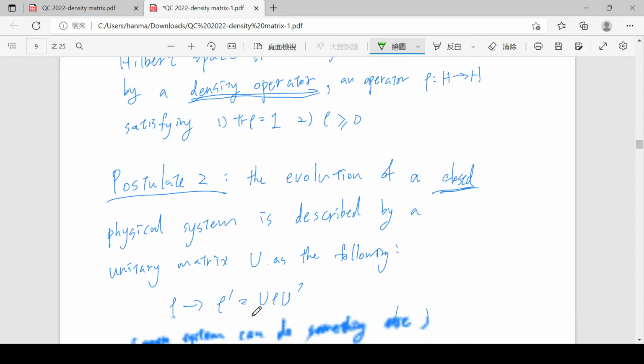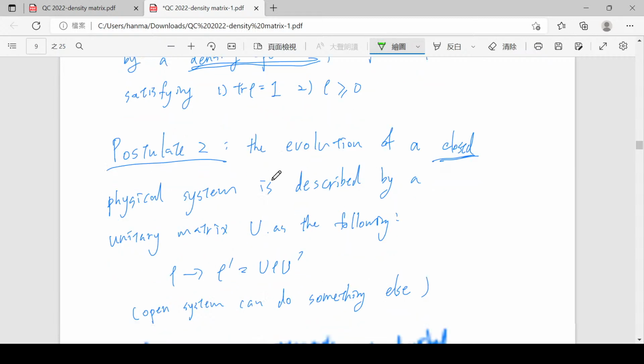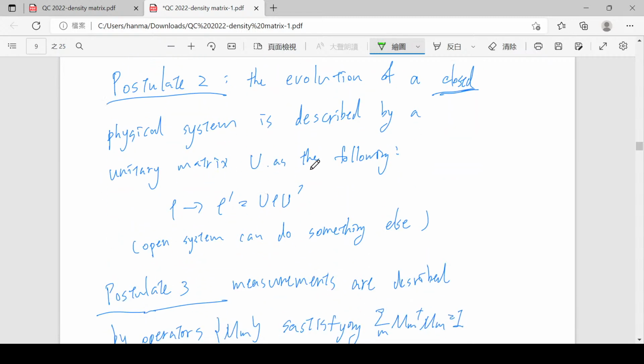If the system is no longer interacting with other systems, then the evolution of your system is still described by a unitary matrix, and your density matrix gets mapped in this way when you apply a unitary on it.